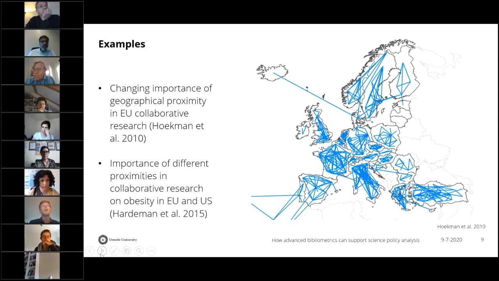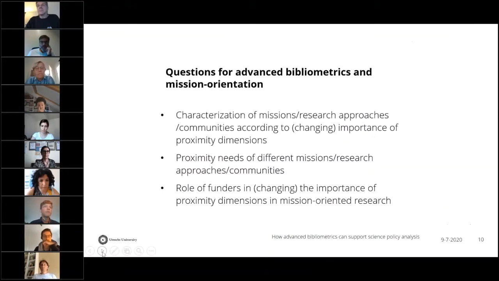So for instance, in a previous study, we looked at whether the importance of geographical proximity was changing, and found that the importance of territorial borders is indeed becoming less relevant in the context of the European research area, but the importance of geographical distance is not. That would be an example of that.